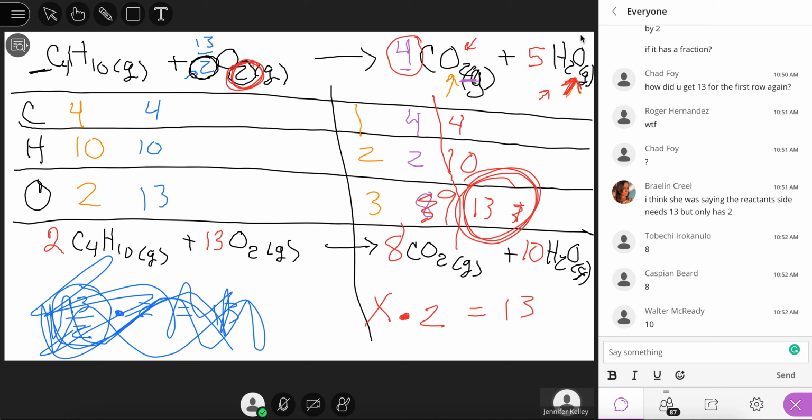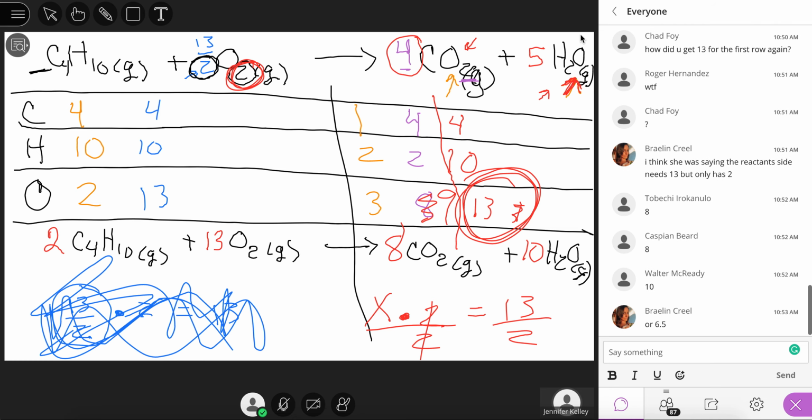Even if I didn't know and I just made it an algebra problem, then I come up with 13 over 2. Also, you're always going to have an O2 on that side. So all you have to do to make the fraction when you have this kind of problem is put the number you're trying to get over 2.